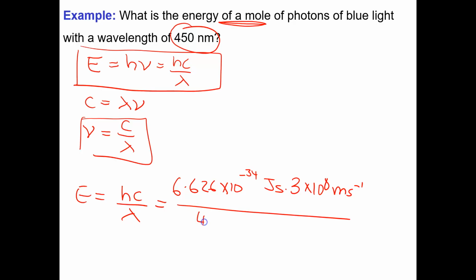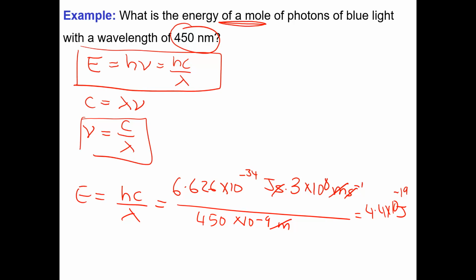And then the wavelength, 450 nanometers. So hopefully you can see we're just left with joules. So put that into my calculator. And I get an answer of 4.4 by 10 to the minus 19 joules.